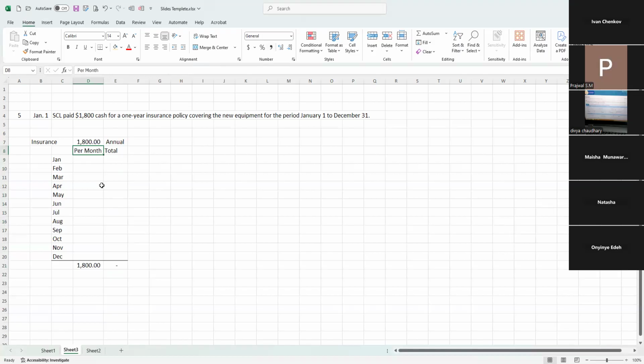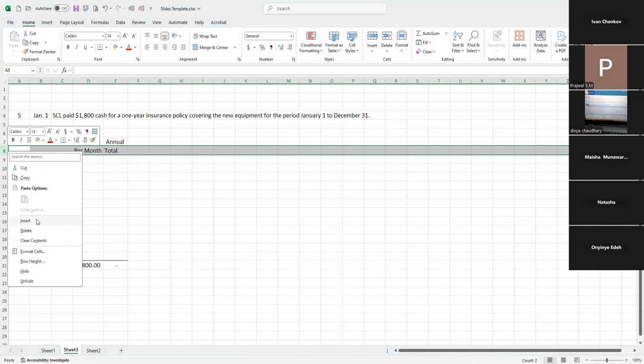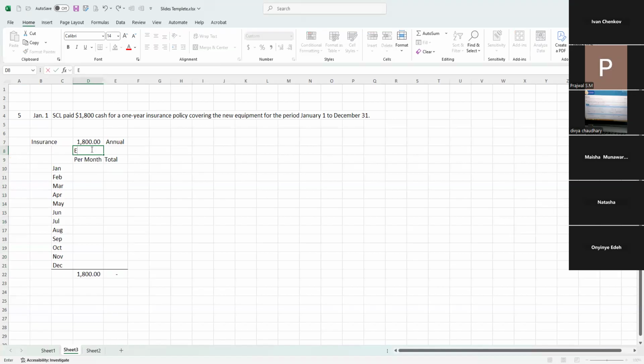Because that will be my expense. And then that will be my asset, which is the prepaid expense total. Make sense? Yes, it does.